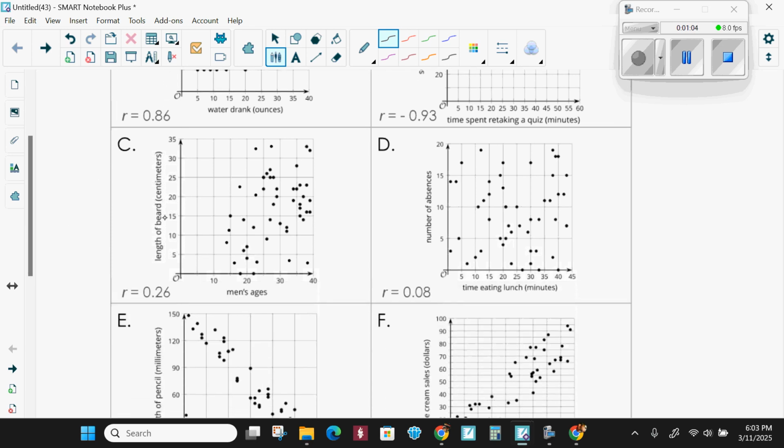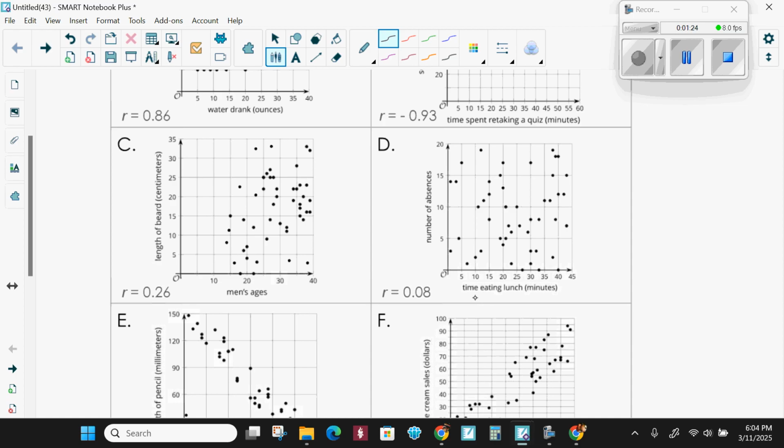Okay, so if we go down here, it says men's ages to length of beard. Now this I would probably say is not a great linear fit because it's all over the place. Just because they're old doesn't mean that their beard is long because there's probably a lot of people that don't have a beard.